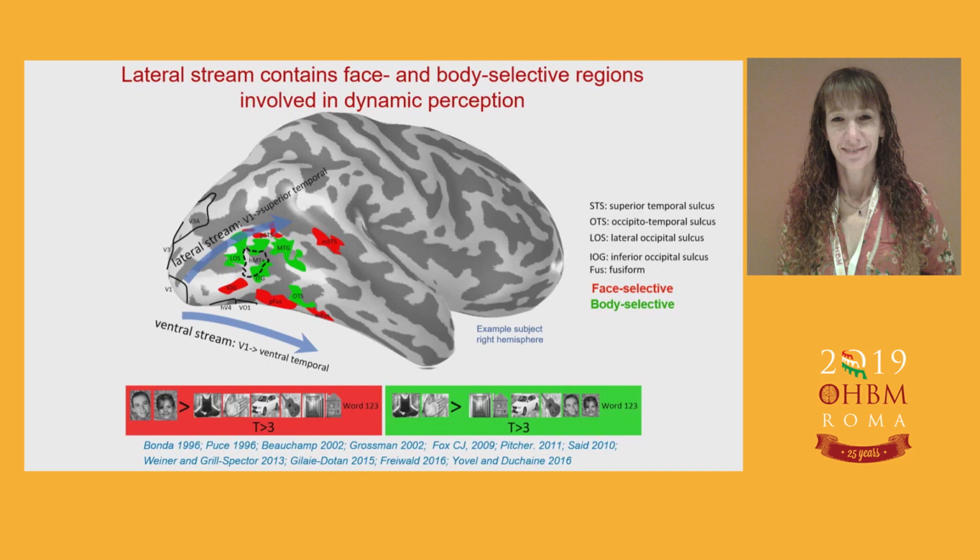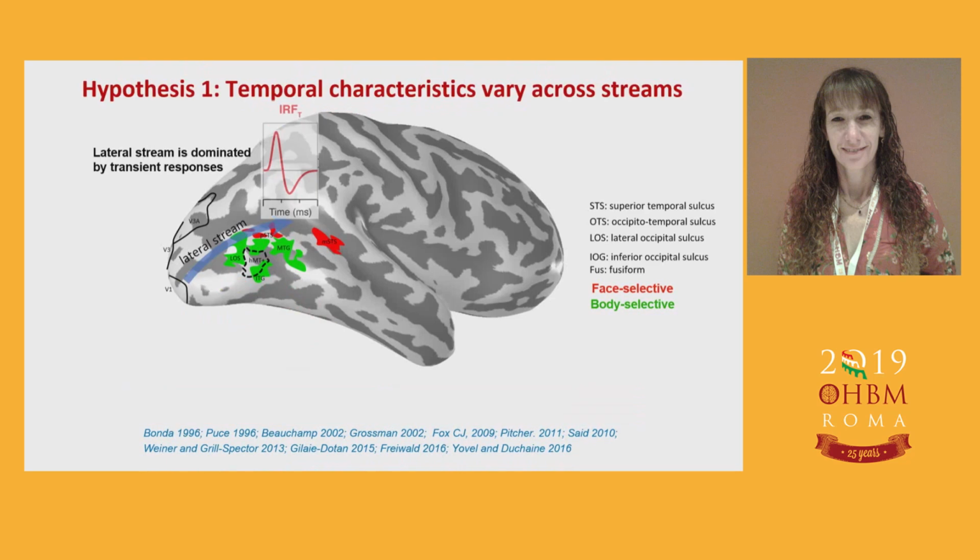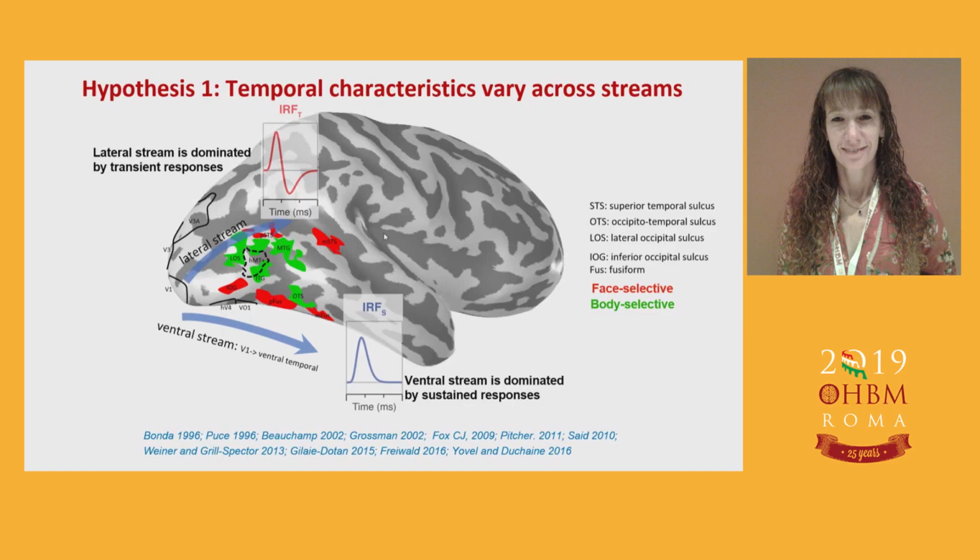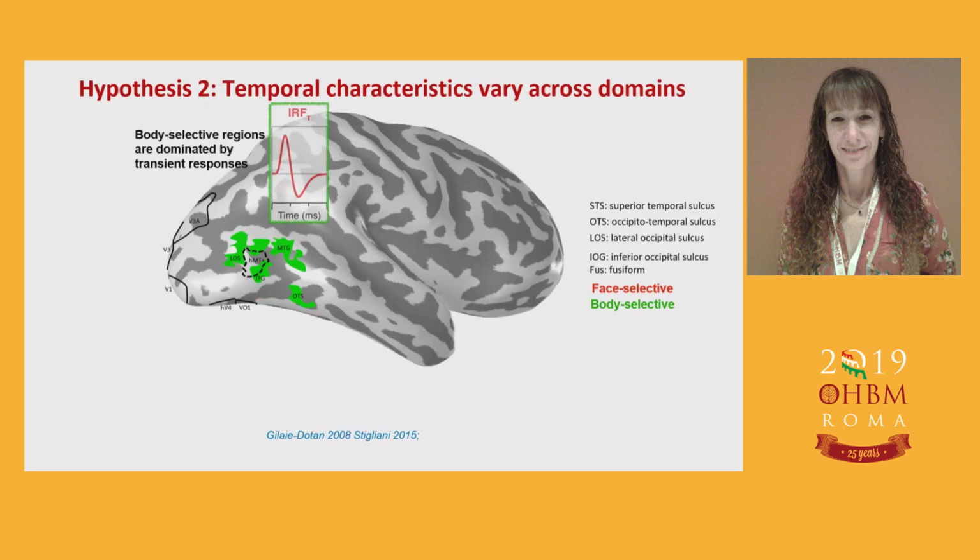So we examined multiple hypotheses of how temporal characteristics can vary across the visual system. One possibility is that the lateral stream that's involved in dynamic processing might be dominated by the transient channel, but the ventral stream that's involved in object recognition might be dominated by the sustained channel. Another possibility is that there might be temporal differences across domain.